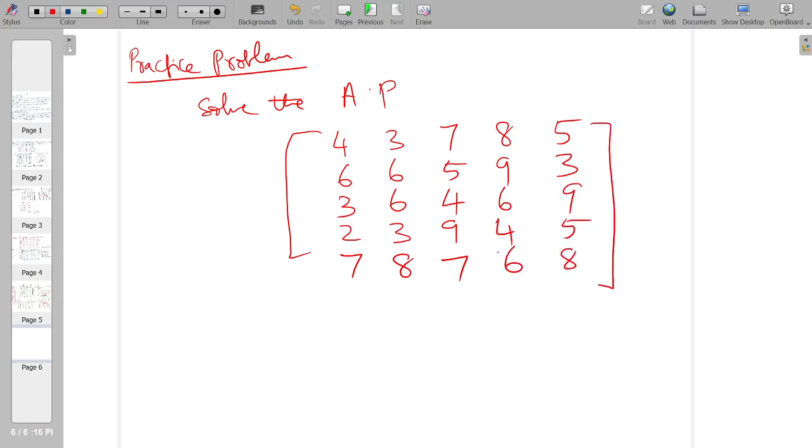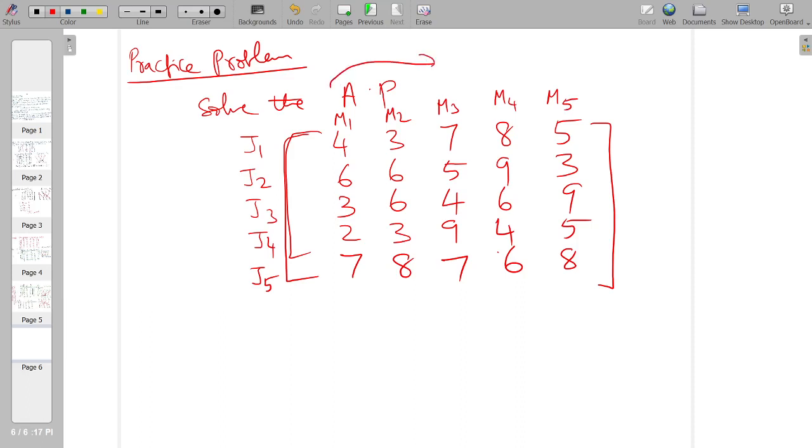Okay, you just try this problem, and you can practice this particular method. So you'll have M1, M2, M3, M4, and then M5, and this would be solve the assignment problem. In fact, it has to be maximum assignment problem.